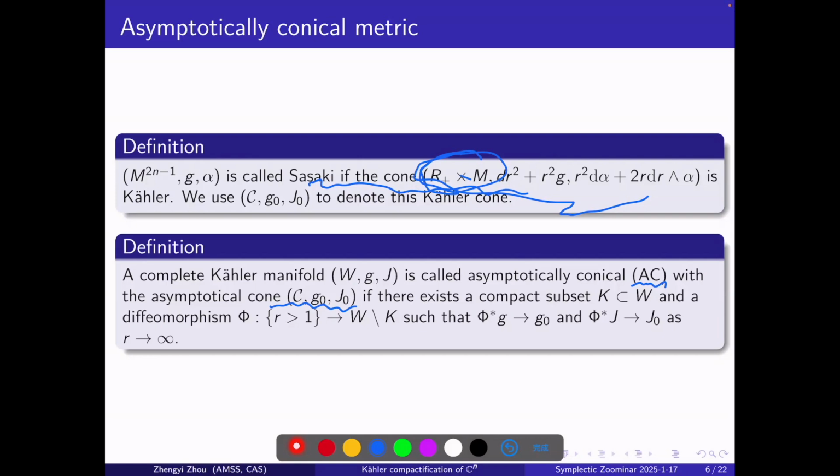That is, you can find a diffeomorphism identifying these two domains, so that under this identification the metric is close to each other and the complex structure is close to each other as r goes to infinity, as it approaches the end of this manifold. Actually, in the more precise definition there's an actual rate of how fast this converges, but it does not matter very much in our talk. In slightly fancier language, a Kähler manifold is asymptotically conical if its tangent cone at infinity is modeled on this Sasaki manifold.